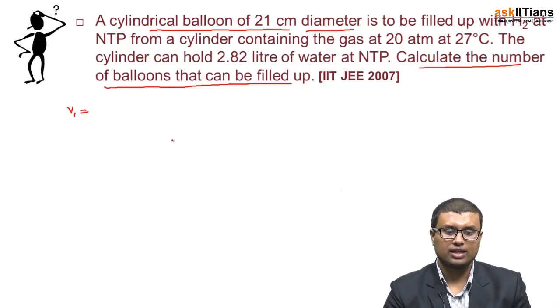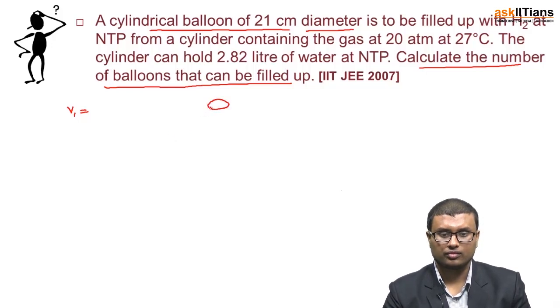This is a cylinder of radius R and length L. Obviously here you need to understand the length, but is anything given related to the length? Nothing is given. It says it's a cylindrical balloon of 21 centimeters diameter, but no information is given about the length.